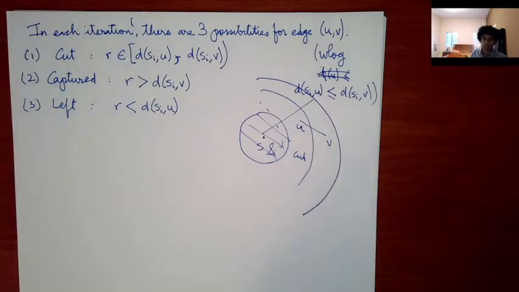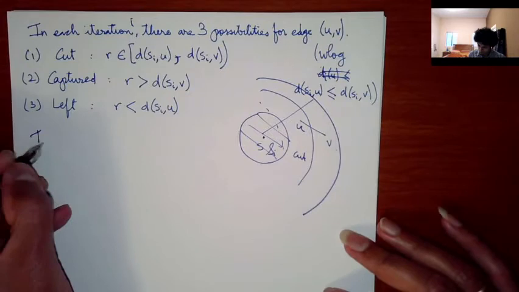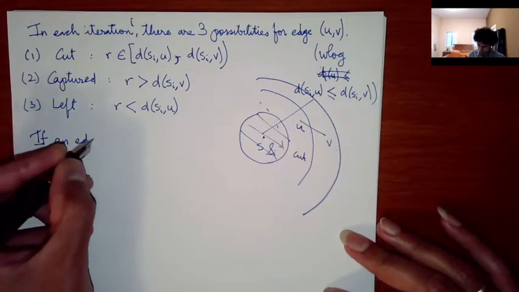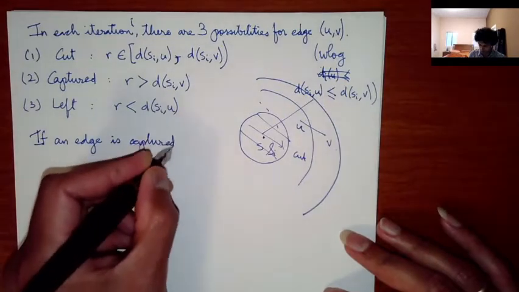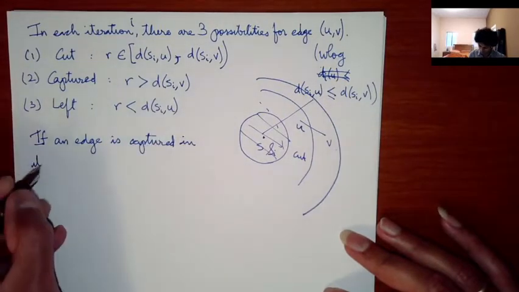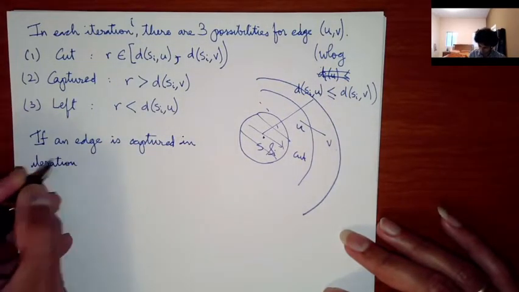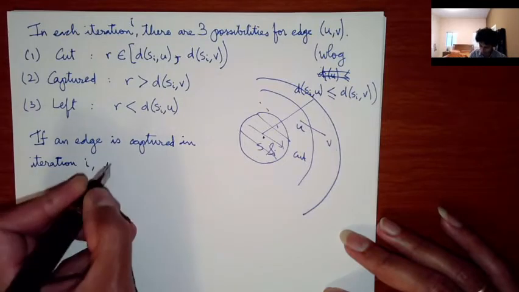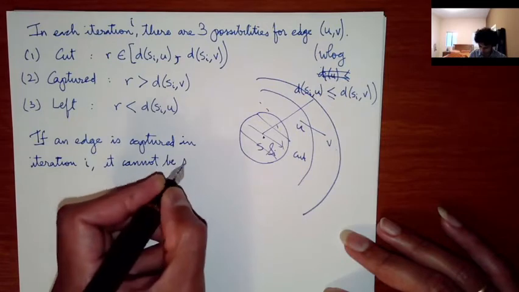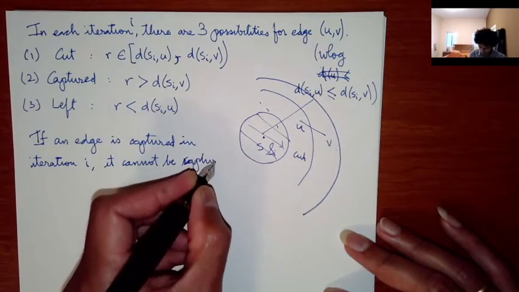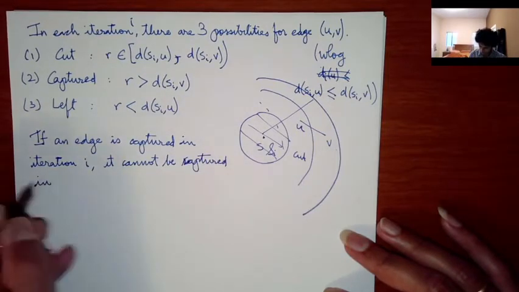Exactly. If an edge is captured in iteration i, it cannot be cut in a subsequent iteration.